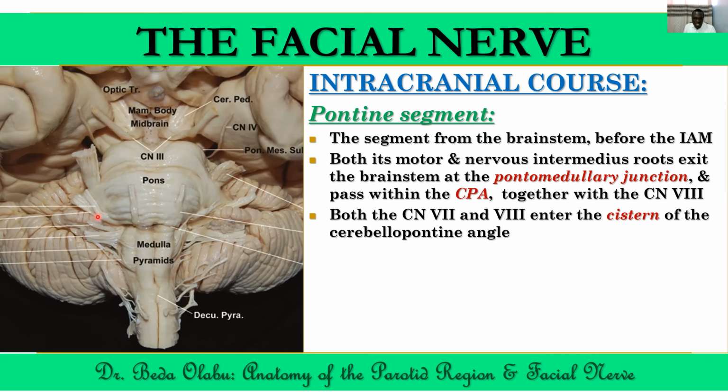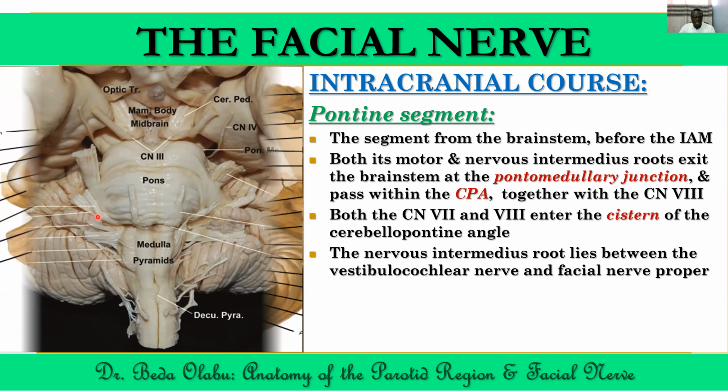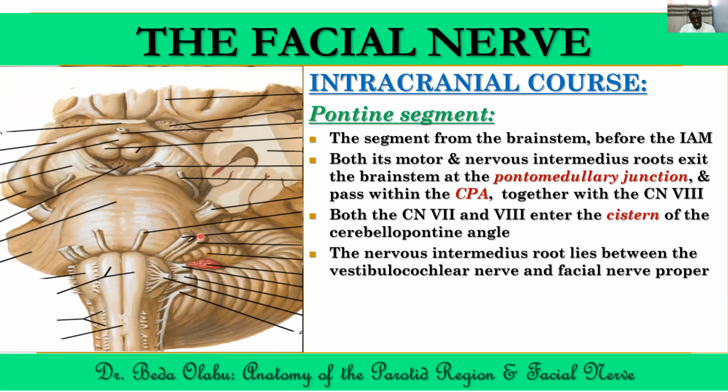So the nerves pass through that cistern and then usually enter the internal auditory meatus. As they pass through that cistern, the nervus intermedius component is in between the facial nerve proper and the vestibulocochlear nerve, as we can see in that particular image.